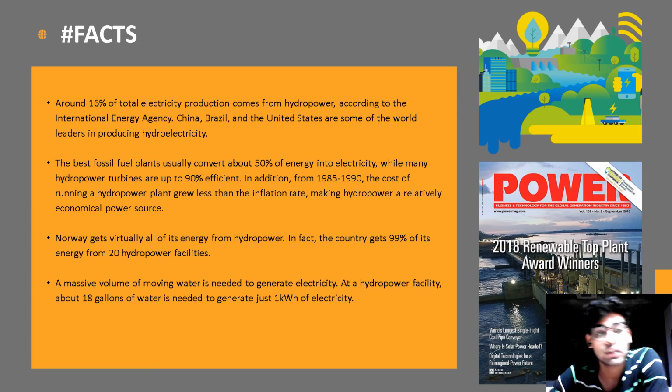The fun fact is that Norway gets virtually all of its energy from hydropower. In fact, the country gets 99% of its energy from 20 hydropower facilities. A massive volume of moving water is needed to generate electricity. At a hydropower facility, about 80 gallons of water is needed to generate just 1 kilowatt hour of electricity.